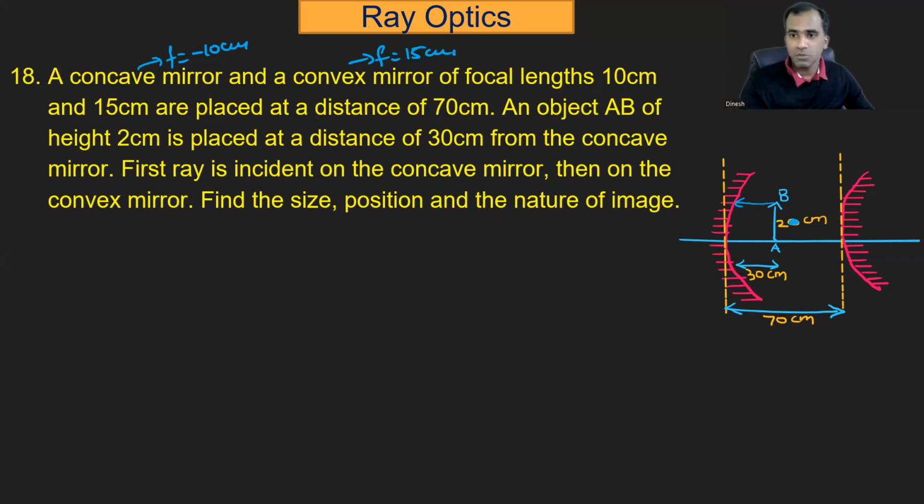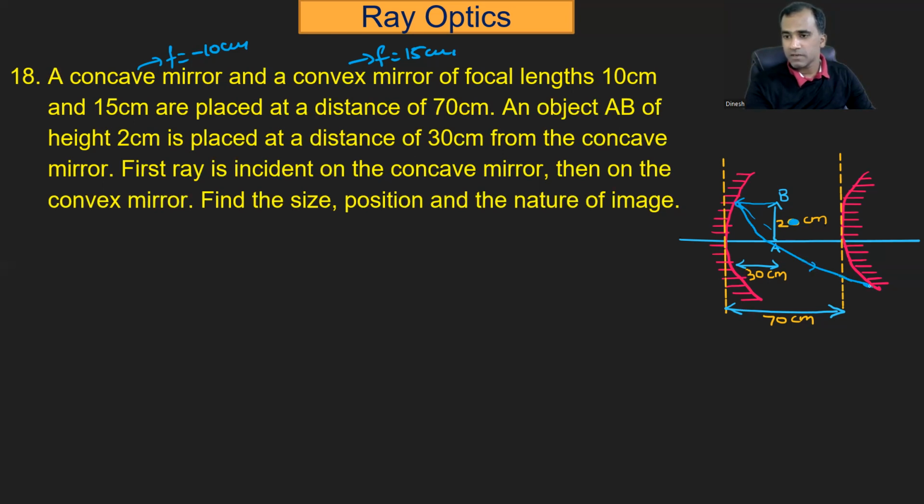So just to avoid the confusion, what they are saying is, treat that the first ray is reaching this mirror. Don't consider the first ray reaching this mirror. Now, this ray is from this object. It will create an image for this. The image because of this mirror will act as object for this. So they are saying the first ray is incident on the concave mirror, which means this is the object, and this reflected ray will fall on this mirror.